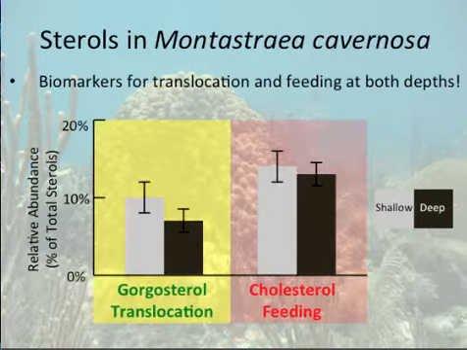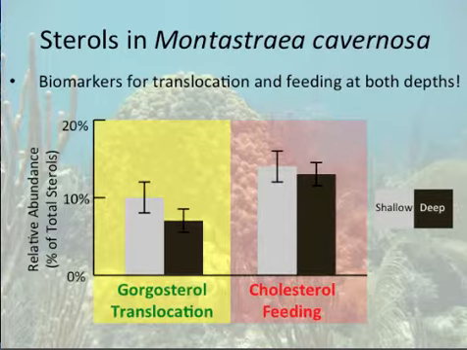So first, I want to tell you about the abundance of these sterols in Montastraea cavernosa. The biomarker for translocation, gorgosterol, is seen in detectable amounts in both the shallow colonies and the deep colonies. The shallow colonies, once again, are the colonies that were at about 60 feet. The deep colonies were the colonies that were in the mesophotic zone at about 200 feet.